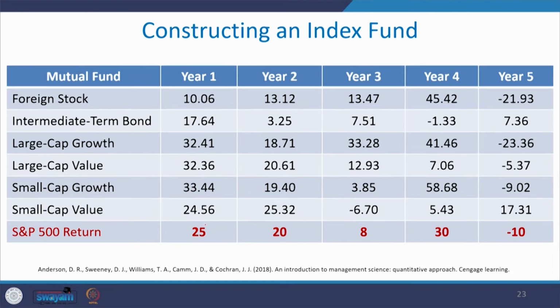So, for scenario 1 the index is 25. For year 2, a different scenario, the index is 20. Here the index is 8, 30 and minus 10. So, what are we required to do? We have to suggest the portfolio so that it closely matches the index provided by the S&P company.